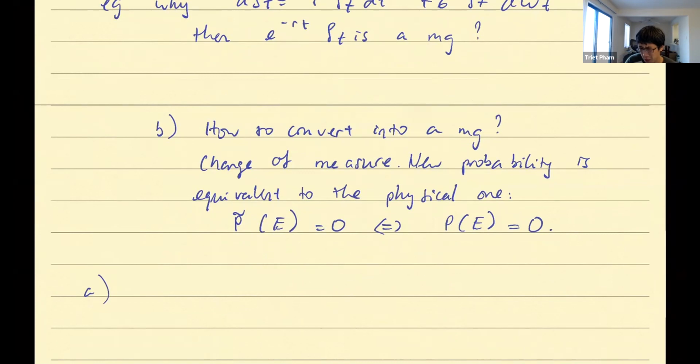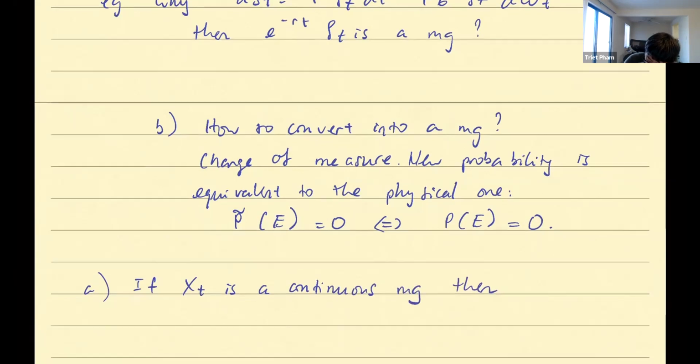There are many ways actually, but the easiest categorization is this: let's say you have X_t a continuous martingale, then the integral is also a martingale.